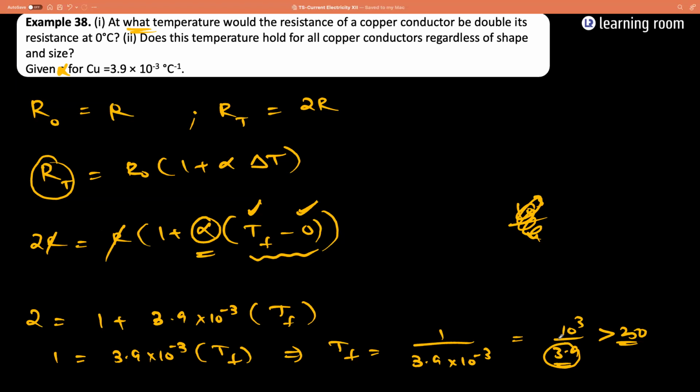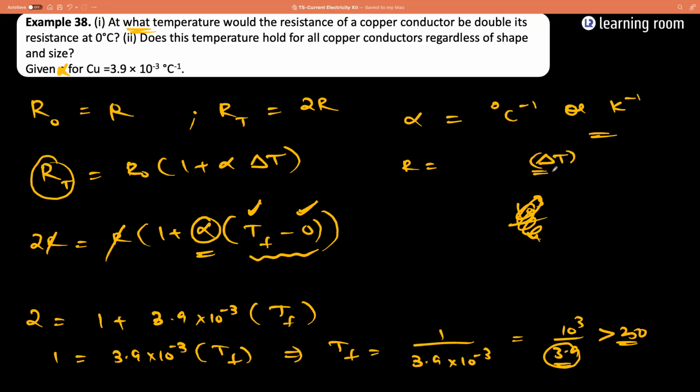Sir, if we need to find any one of the initial or final temperature, then we need to keep it in terms of Kelvin, right? Not necessary. That's what I'm saying. All the other data are given. If alpha is measured in terms of degree Celsius inverse or Kelvin inverse, when you're writing this, you're actually writing the change in temperature.